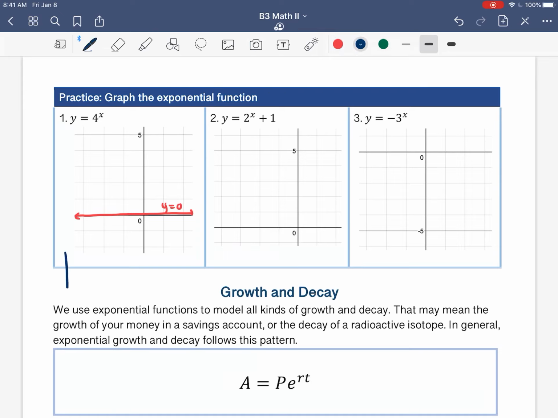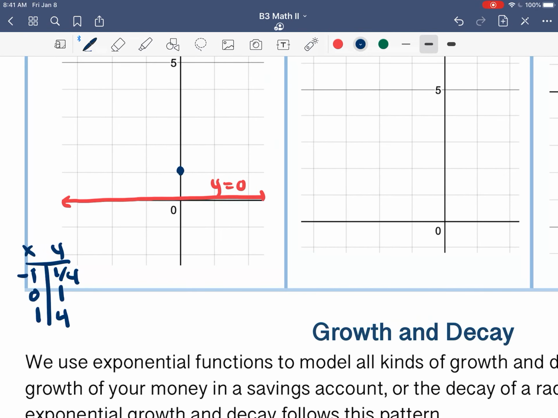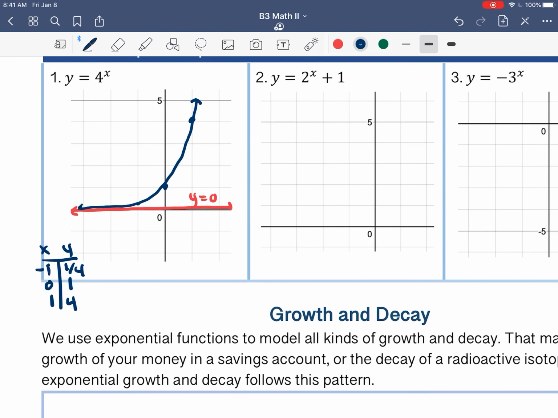And then I'm going to make a mini table with -1, 0, and 1. So 4 to the 0 power is 1, 4 to the first power is 4, 4 to the -1 power is 1/4. Graphing that, it looks like 0, 1, 1, 4, and then a 4th. And there's my exponential function.